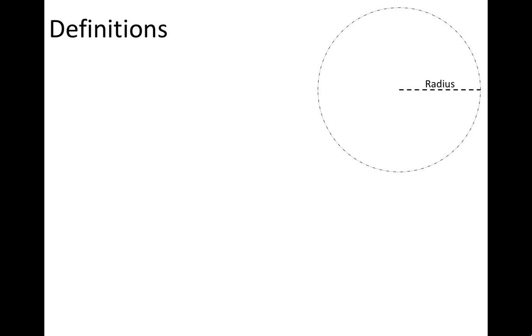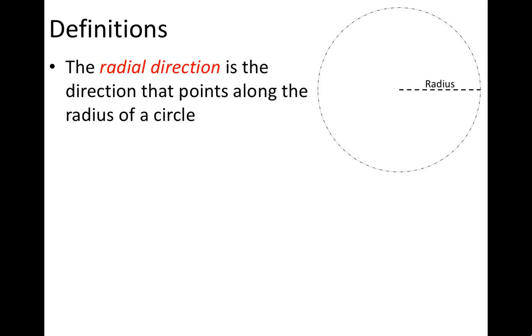On this slide, I'm going to cover some of the important definitions that I'll be using throughout the unit. If an object is undergoing circular motion, its motion will have some radius, and the radius is obviously the distance from the center of the circle to a point on the outside of the circle. The radial direction is the direction that points along the radius of the circle. It points like that.